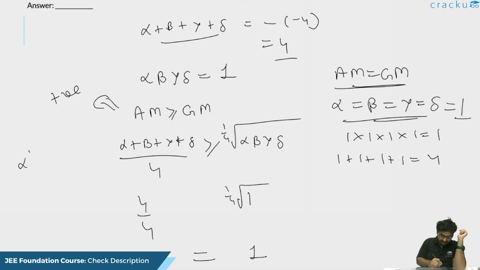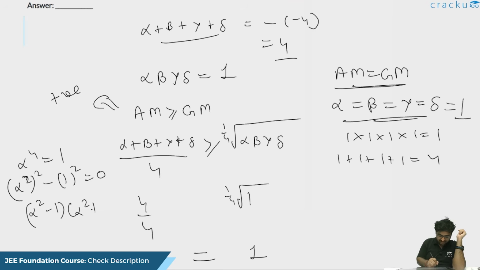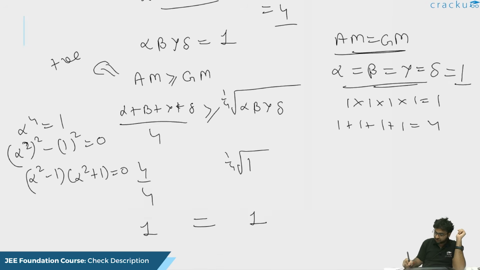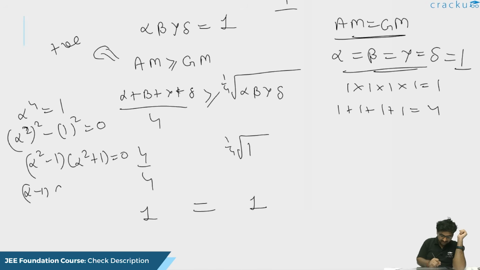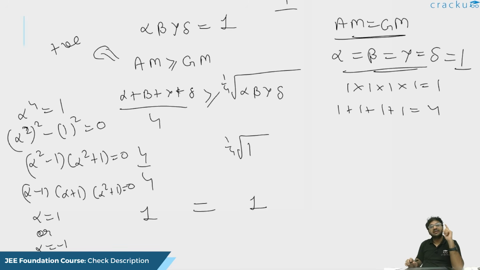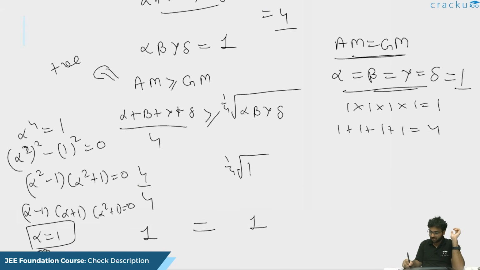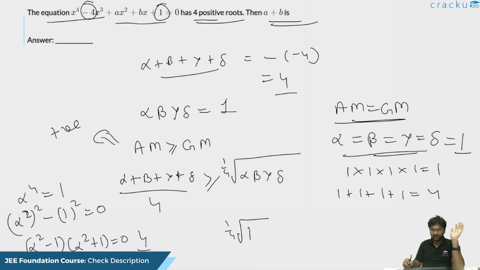So alpha to the power 4 is equal to 1, alpha square minus 1 square is equal to 0, so alpha square minus 1 into alpha square plus 1 is equal to 0. So alpha minus 1, alpha plus 1 into alpha square plus 1 equal to 0. So alpha is equal to 1 or alpha is equal to minus 1. But it is already given that all the roots are positive. Therefore alpha is equal to 1. So we got all the values as 1.